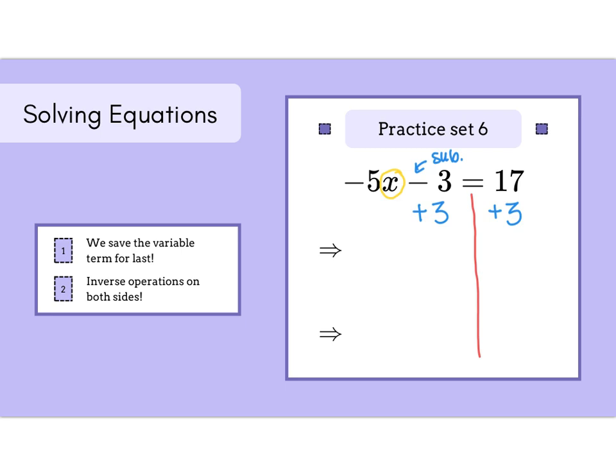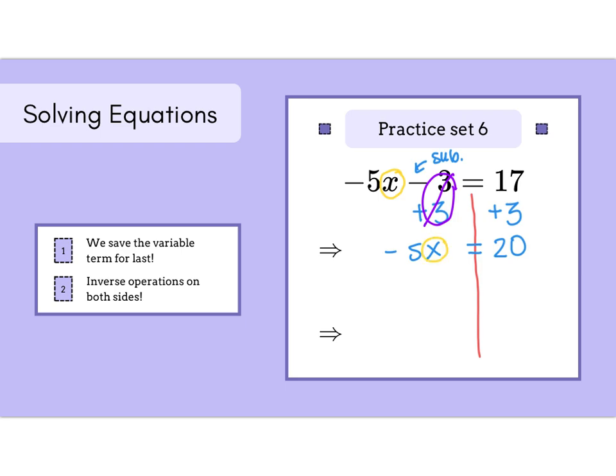Now the 3's will cancel out to give me 0. And I'm left with a negative 5x on this side. And then 17 plus 3 is 20. And then I still have my variable of x, and I want to get it by itself.